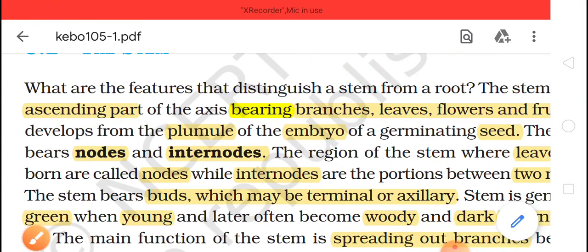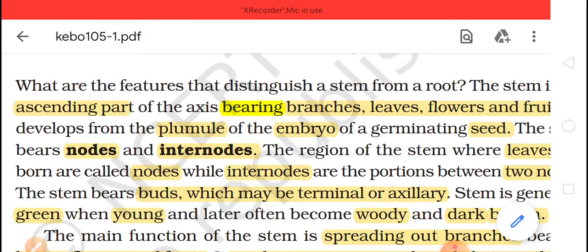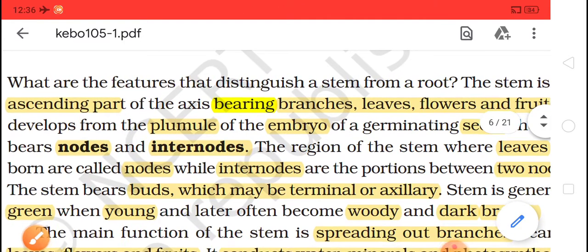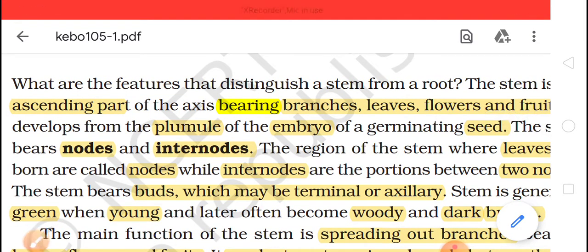I repeat once again, the stem bears nodes and internodes. The region of the stem where leaves are born is called a node, while internodes are the portions between two nodes. Children, clear? The stem is green when young and later becomes woody and dark brown.